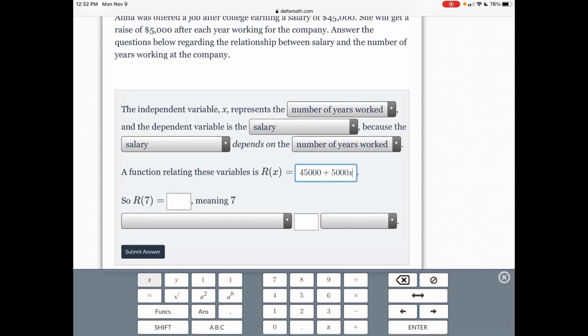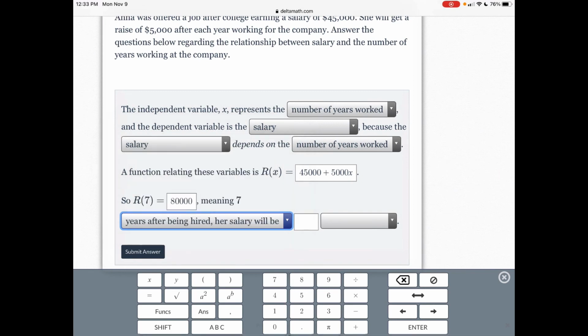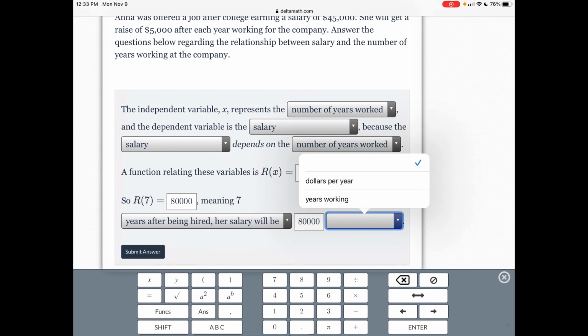That would represent our salary, R of x. So R of 7 means we plug in 7 for x, and we get $80,000, meaning 7 years after being hired, her salary will be $80,000 per year.